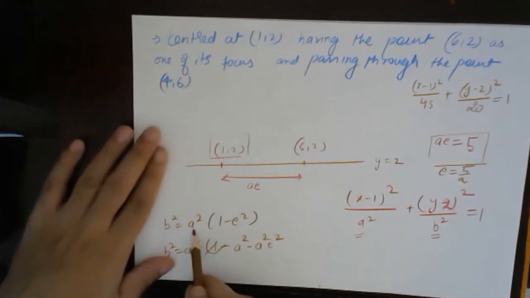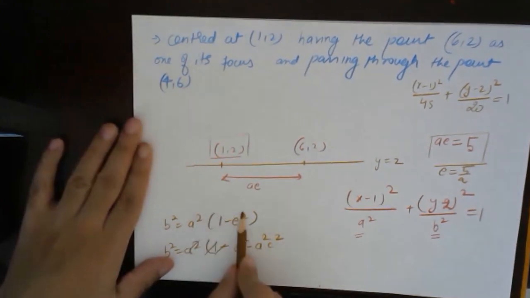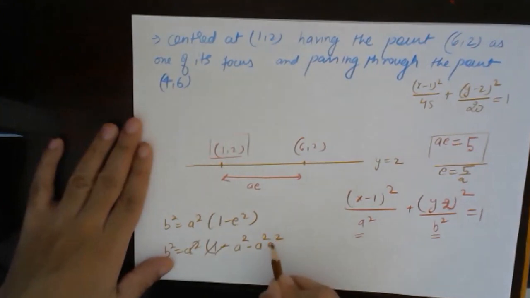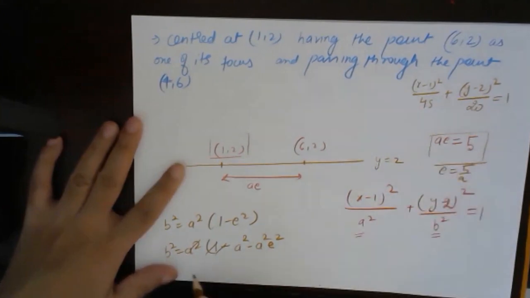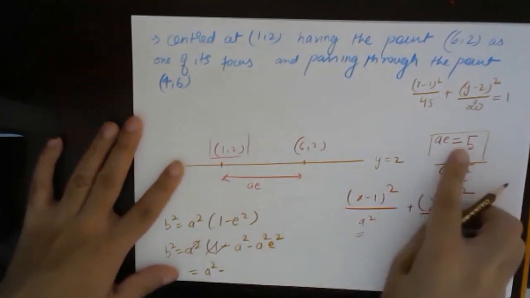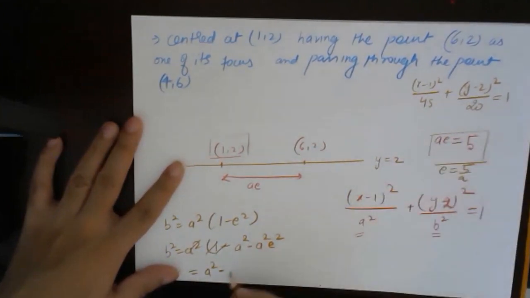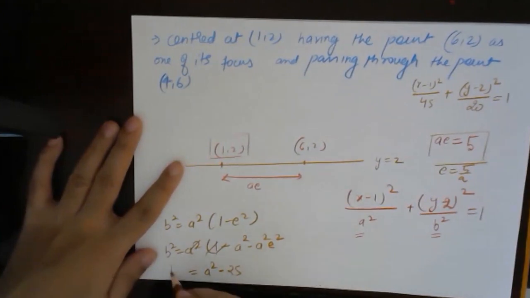What is ae? It is 5, so a square e square is 25. So b square is a square minus 25.